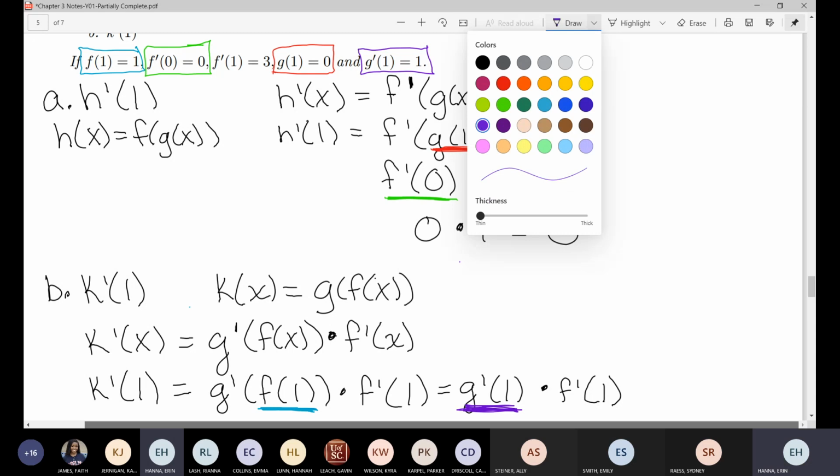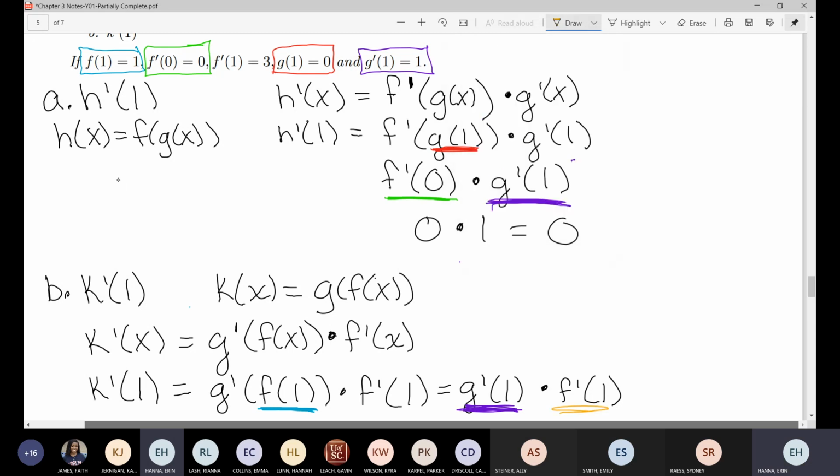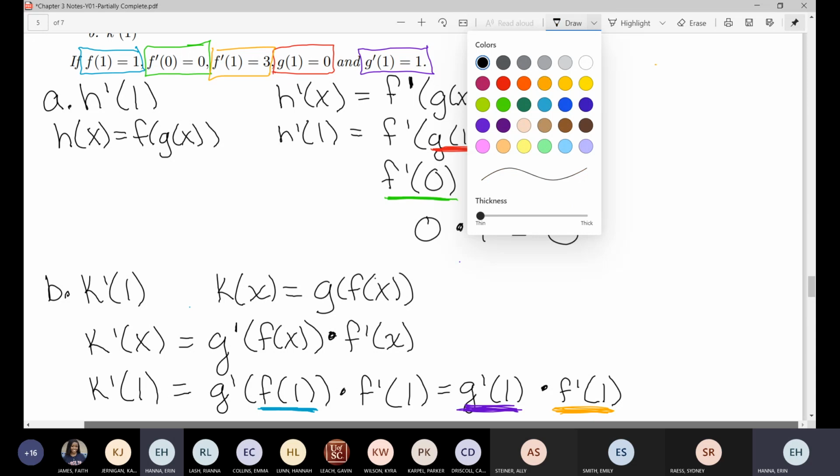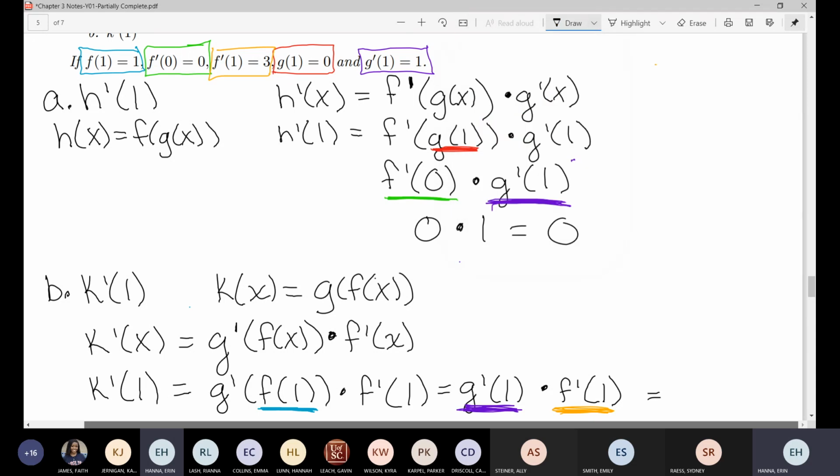Woohoo! Orange. And then f prime of 1 is 3. One times 3 is 3. I love these types of problems. Nudge, nudge, wink, wink. I love them a lot. They're so fun.